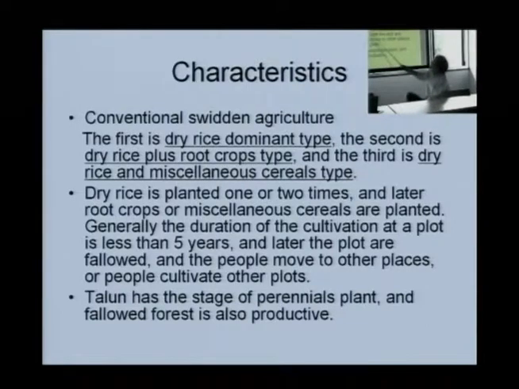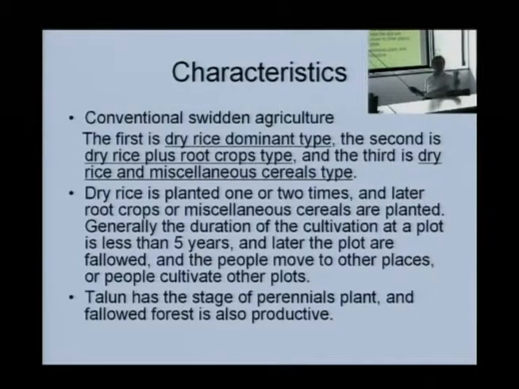Dry rice is planted one or two times, and later root crops and miscellaneous cereals are planted. Generally, the duration of cultivation at a plot is less than 5 years, and later the plots are fallowed, and the people move to other places or cultivate other plots.